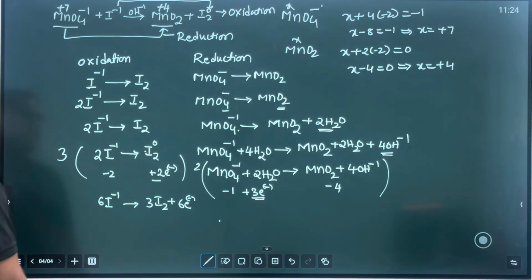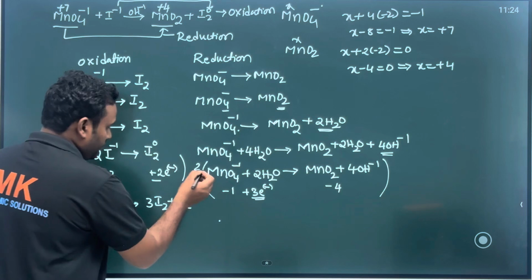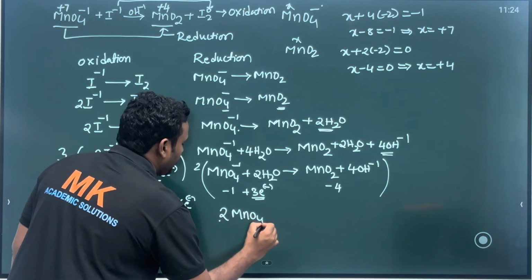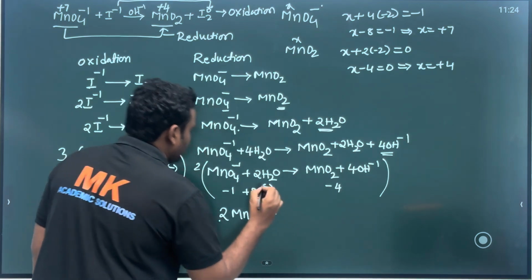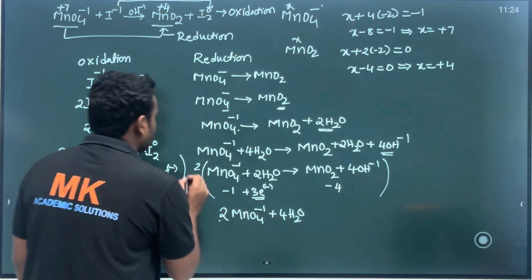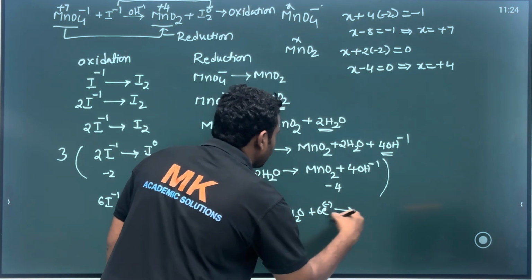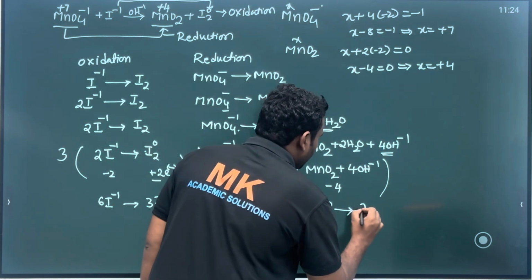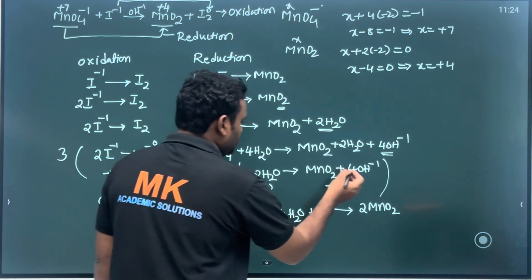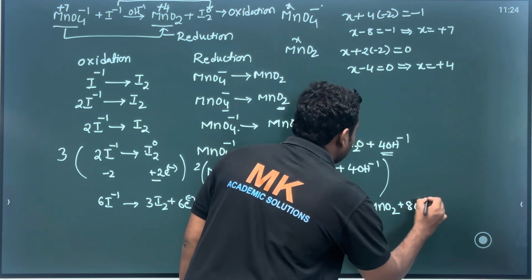This is the oxidation half reaction. And with 2 we multiply the other: 2MnO4 minus plus 4H2O plus 6 electrons gives rise to 2MnO2 plus 8OH minus ions.